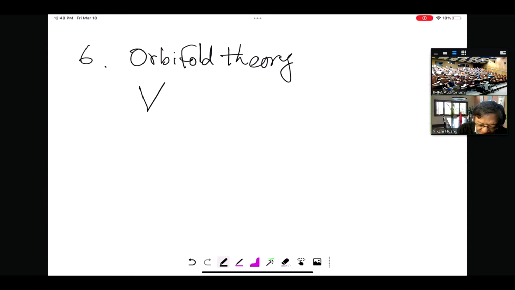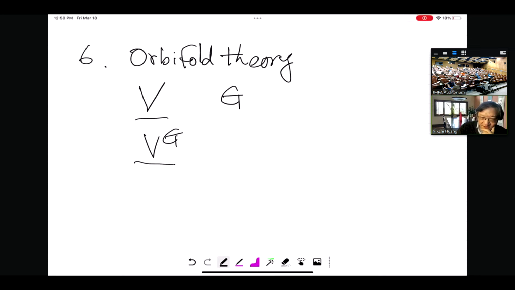So we have a nice vertex algebra V, and then we have a group of automorphisms, a subgroup G of the automorphism group of V. The main thing is that if V gives us a nice conformal field theory, we want to construct a conformal field theory associated to the fixed point subalgebra. That is what the orbifold theory is about. You want to look at the fixed points and then construct the theory.